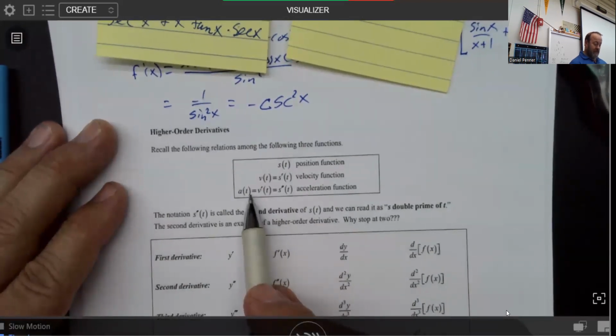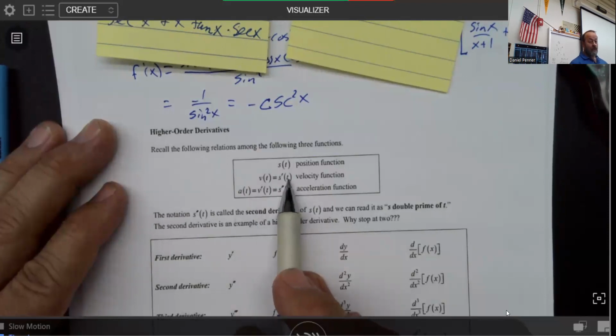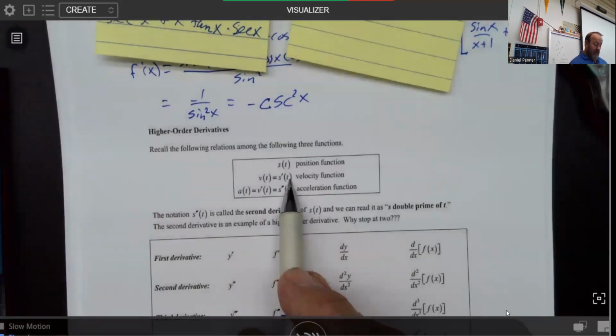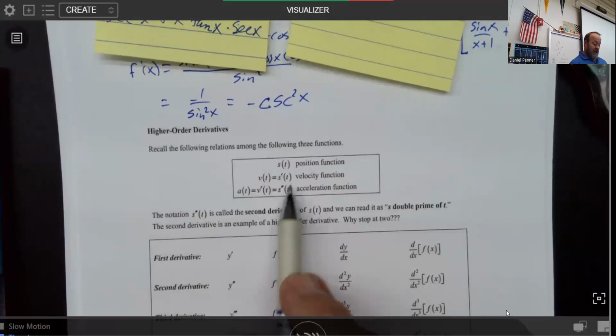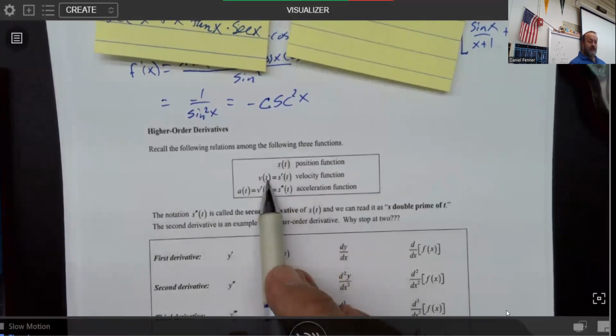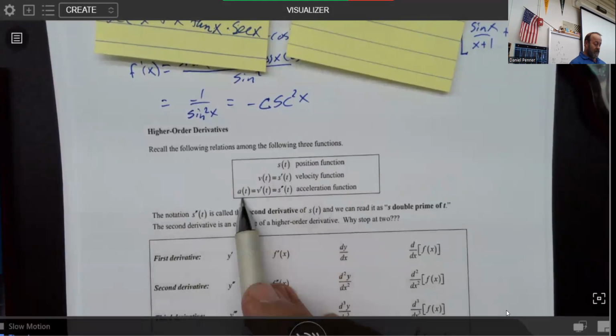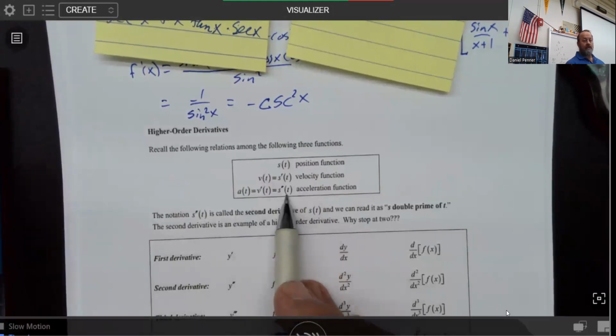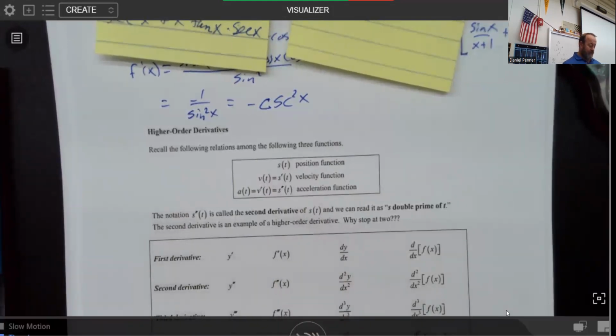But since the derivative of velocity is acceleration and velocity is the derivative of position, try to keep all that straight. That means you had to take one derivative to get to velocity. You had to take another derivative, or in other words, a double derivative or a second derivative to get there.